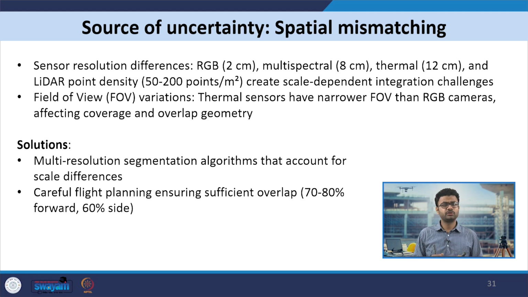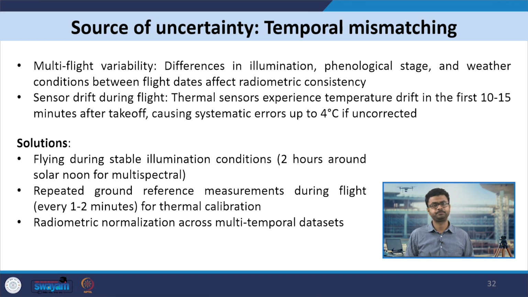So some of the solutions are either we can address them at the data acquisition stage itself by careful flight planning, which will ensure sufficient overlap of 70 to 80% in forward lap and 60% in the side lap. Or sometimes we have methods which we can apply in the post-processing stage. For example, multi-resolution segmentation algorithm can help account for these scale differences.